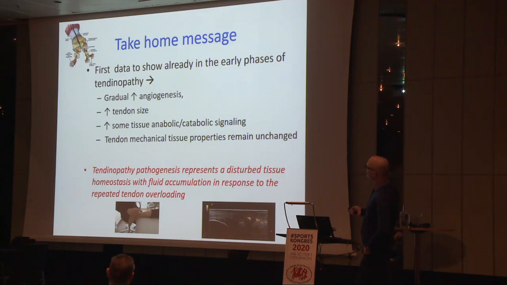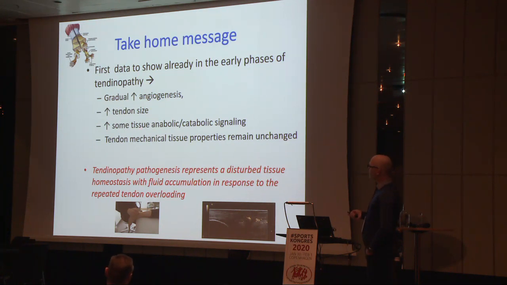So the take-home message here is that this is the first data on tendinopathy, and we can see there's a gradual increase in angiogenesis and an increased tendon size.